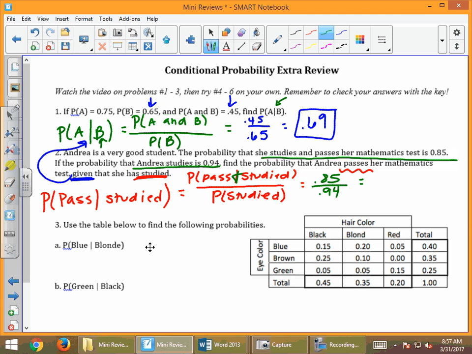And then you just plug it into your calculator. So you do 0.85 divided by 0.94, that gives you 0.9. So that means if she studies, she has a 90% chance of passing her math test. Again, just follow that formula whenever you see a straight up and down line, or you have the word given in a word problem.